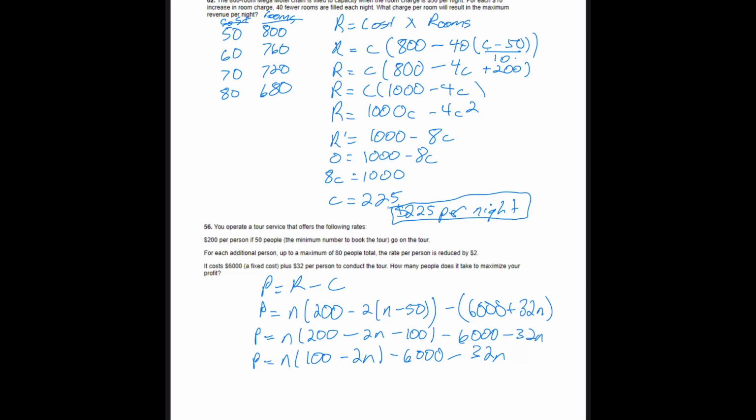So this is P equals n times 100 minus 2n minus 6,000 minus 32n, which I wrote really poorly in the previous step. Okay, and then distribute, so P equals 100n minus 2n squared minus 6,000 minus 32n. Combine like terms, and we get negative 2n squared plus 68n minus 6,000.